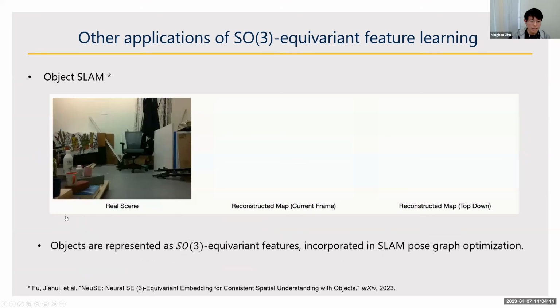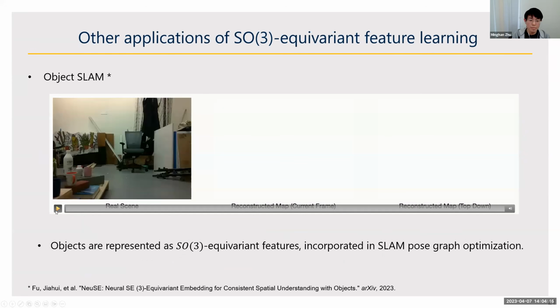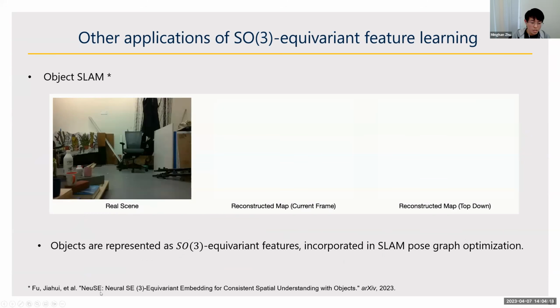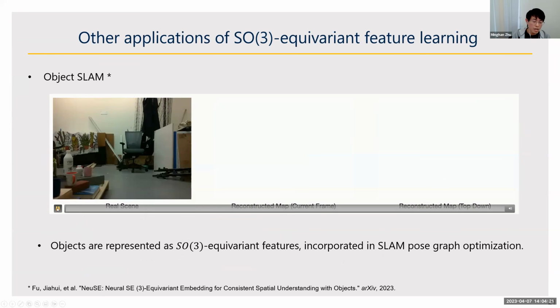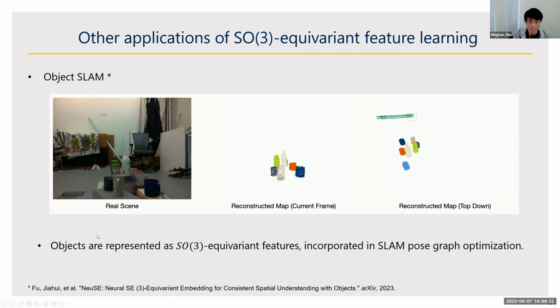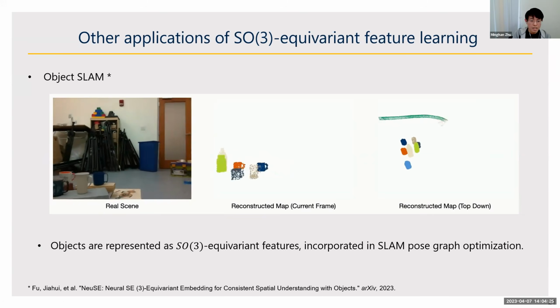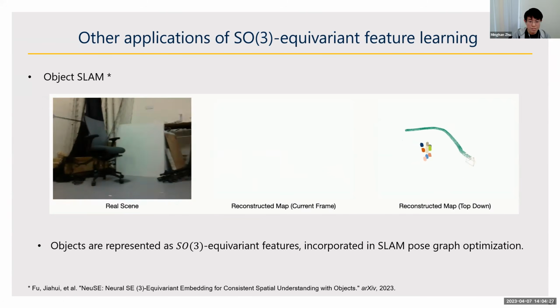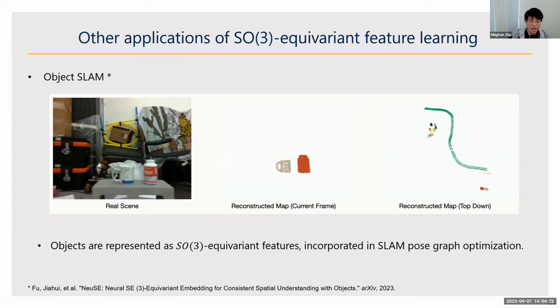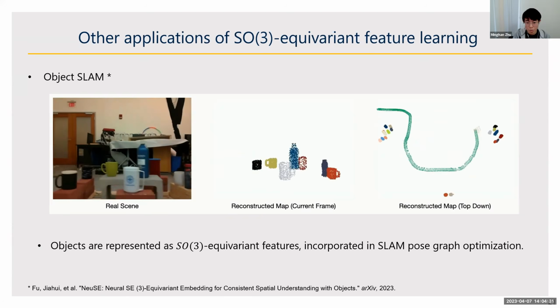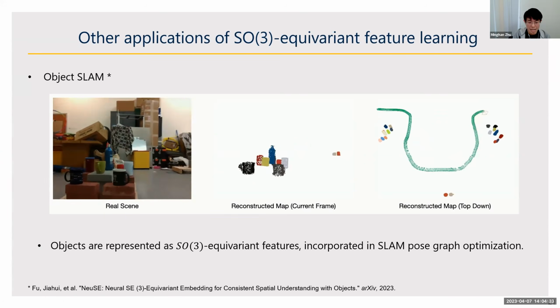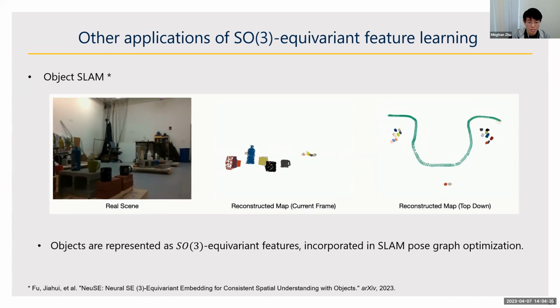And also another application is SLAM. Here, this work, the new SE work, constructed an object SLAM architecture. That is, in the map constructed by SLAM, the objects are not represented as point clouds. They're represented as SO3 equivariant features.